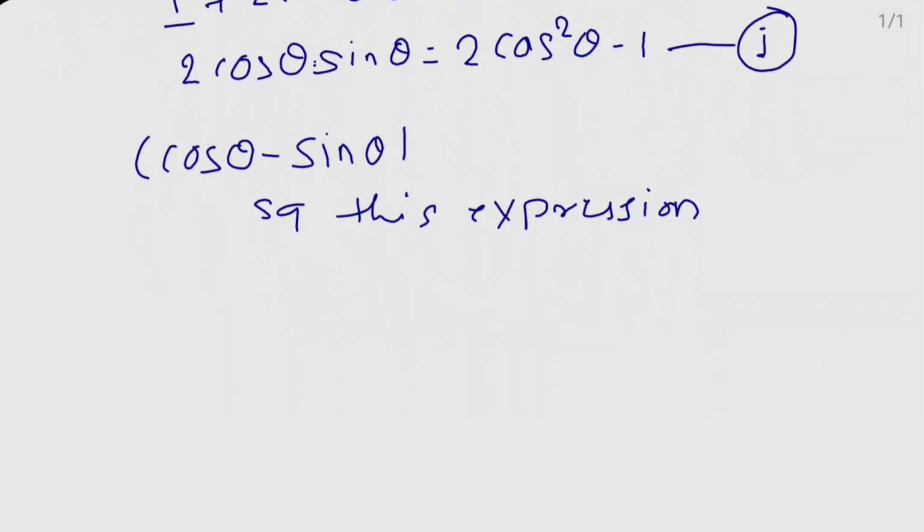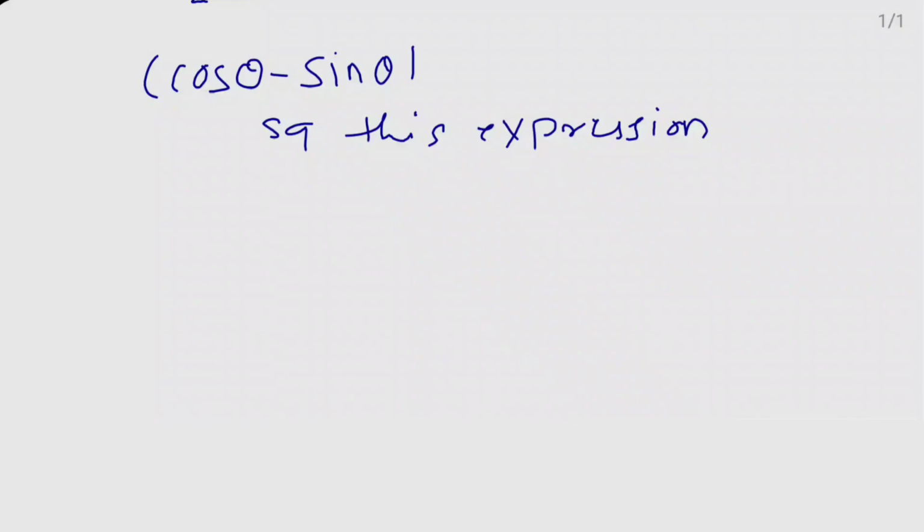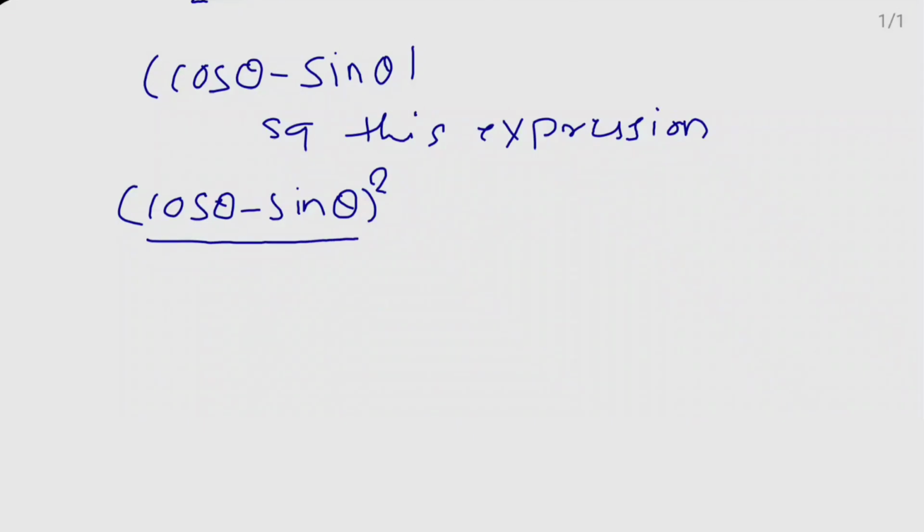so here we got (cos theta minus sin theta) whole square. So it is in the form of (a minus b) whole square. So the expanded form of (a minus b) whole square is a square plus b square minus 2ab.